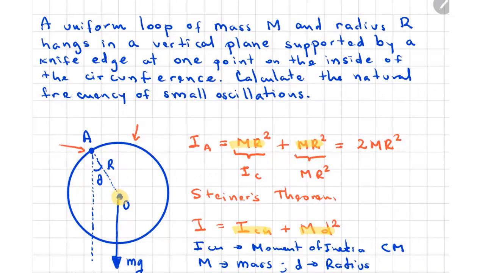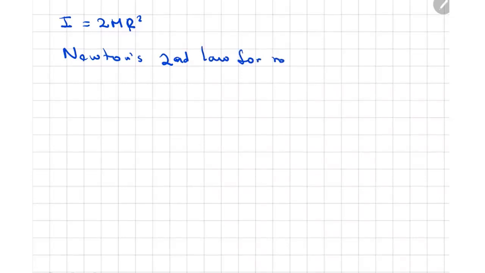So now we have that the moment of inertia in this case is 2 m r squared. We are going to use Newton's second law for rotation. What does it say?